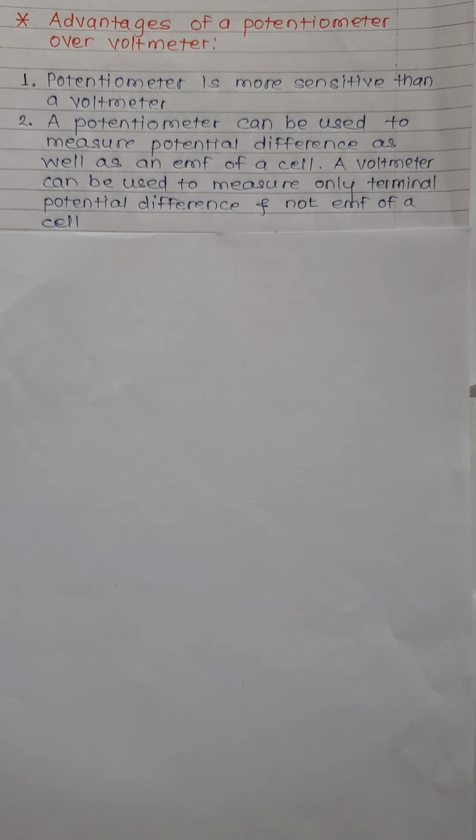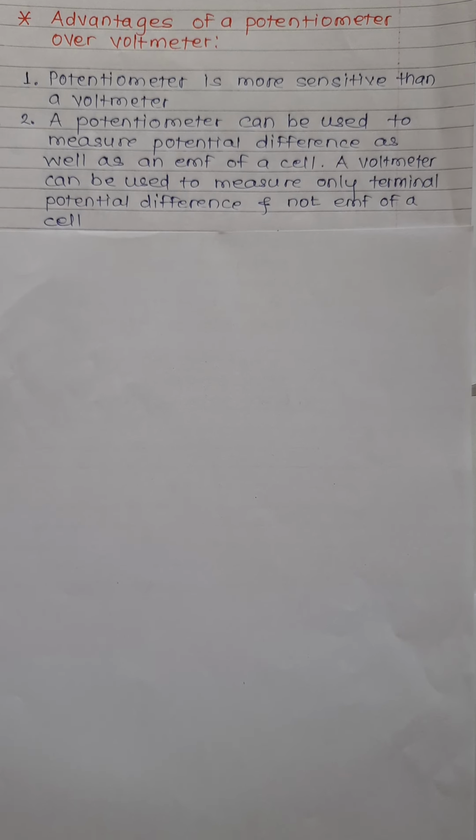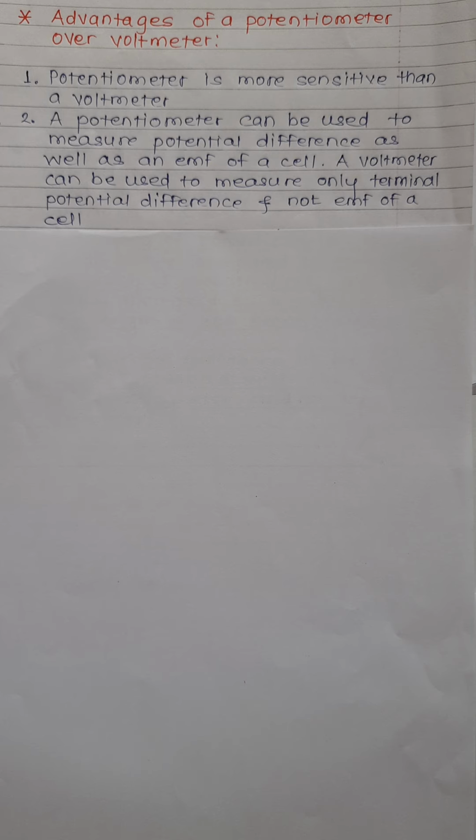Now let us see advantages of a potentiometer over a voltmeter. In the next lecture we are going to see construction and working of voltmeter, but at present let us see advantages of potentiometer. First, potentiometer is more sensitive than a voltmeter. Second, a potentiometer can be used to measure potential difference as well as the EMF of a cell. But a voltmeter can be used to measure only terminal potential difference.